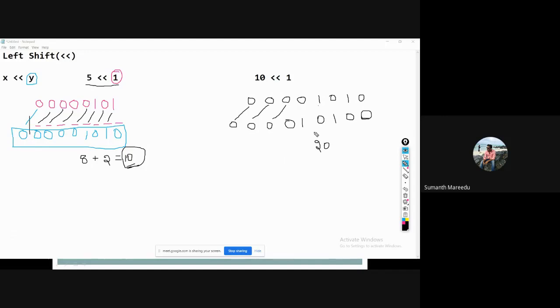So 16 plus 4 it is. That means if you apply a left shift by 1, it becomes 20. So got it? Is this clear or not? Yes, sir. Why are you saying it so doubtfully?